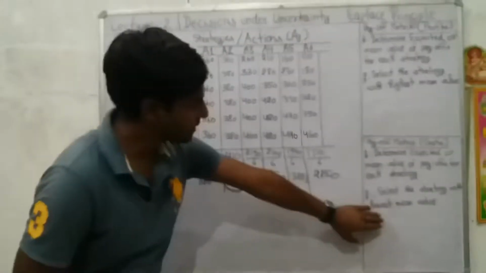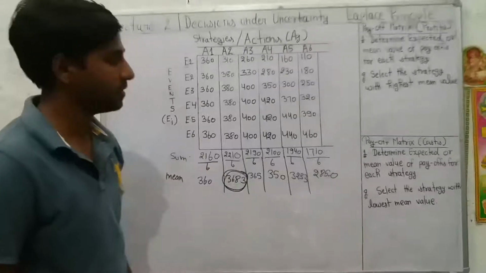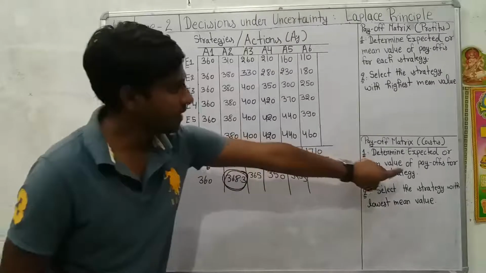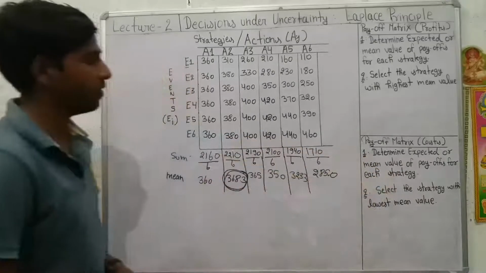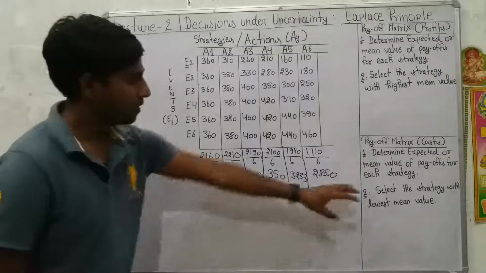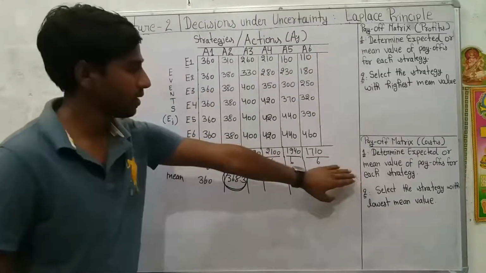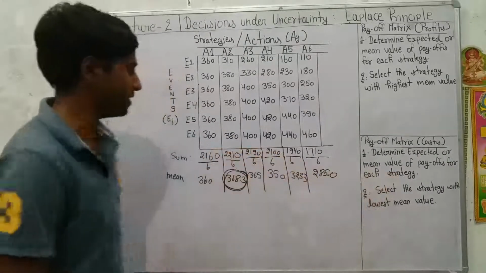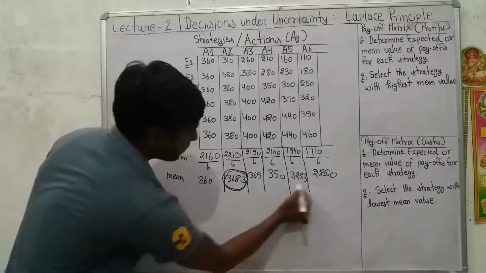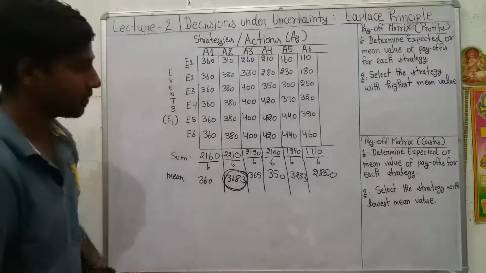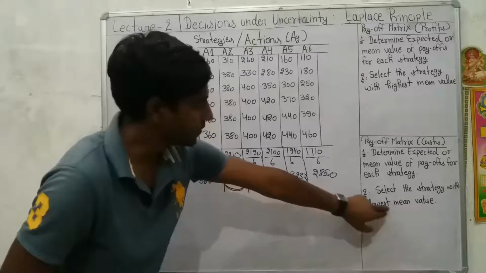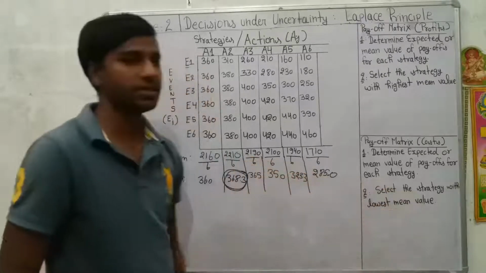So in that case, what would be the procedure of calculating the optimal strategy? Determine the expected or mean value of payoffs for each strategy with the same steps as we did in the earlier case. So we have calculated the mean values for each strategy. Then in step 2, select the strategy with the lowest mean value.